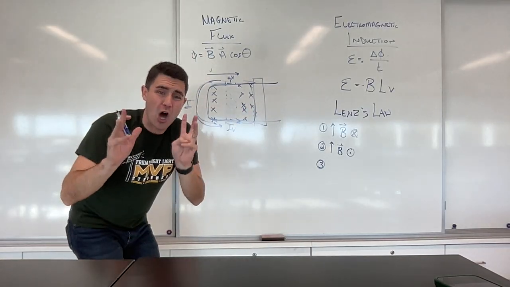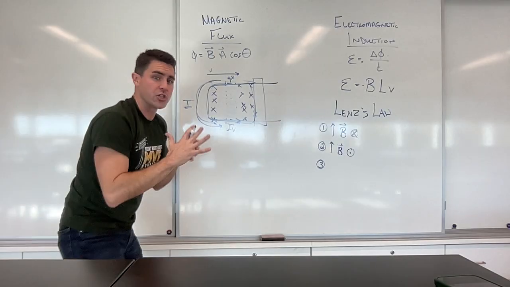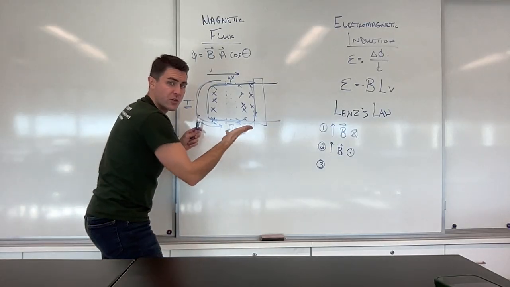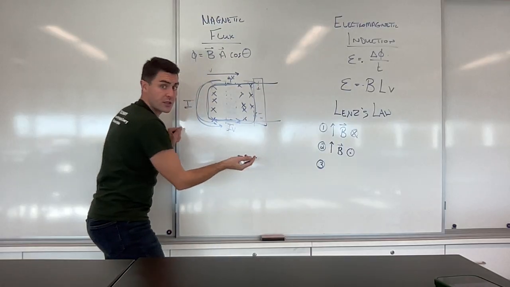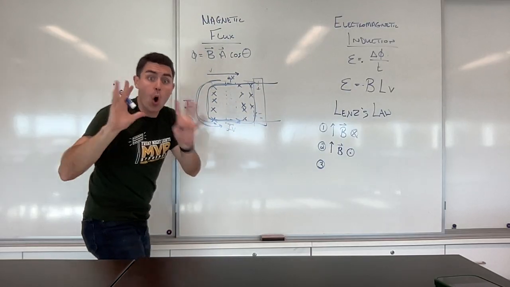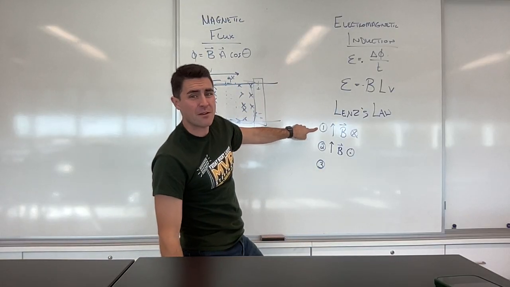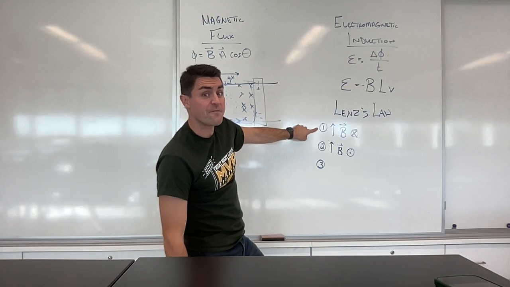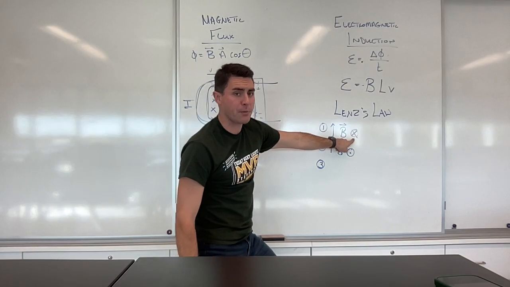So Lenz's law can be described using our right-hand rule and understanding that as charges move through this field, the force produces a potential difference. That potential difference, when it's connected, creates current. Or we can explain it by saying, hey, the changing magnetic field, or the changing flux, is increasing into the page.